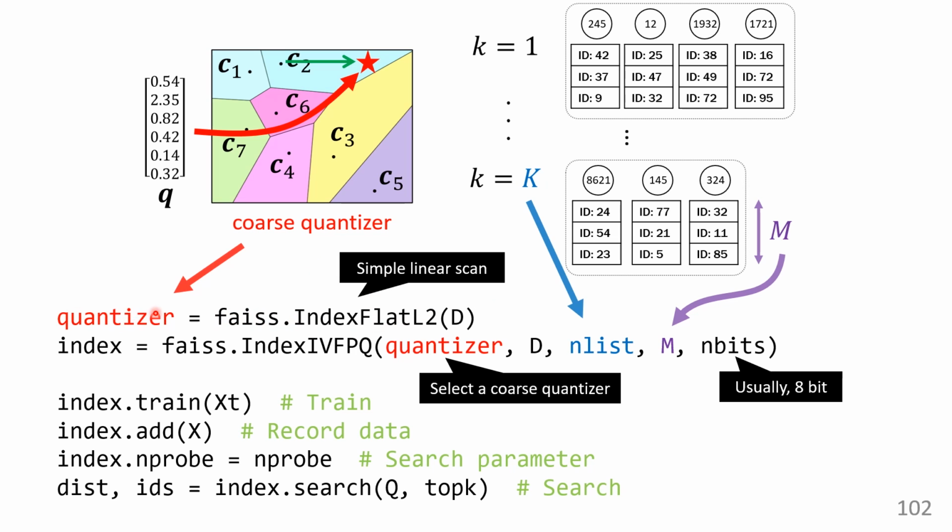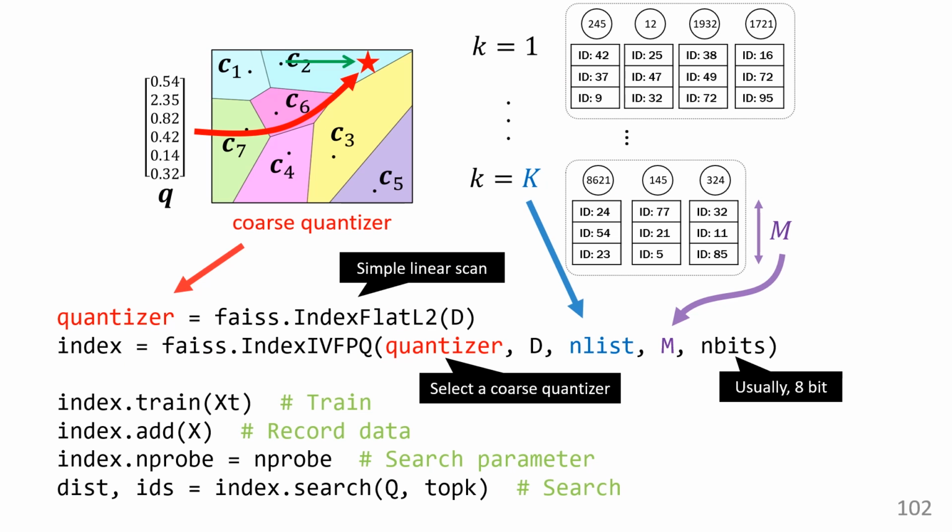Then we construct the whole inverted file data structure with PQ, and here we put this quantizer as an input. So here we select a coarse quantizer, then some parameters are here. Then we can train, record data, and set search parameters. It's very intuitive from this figure.